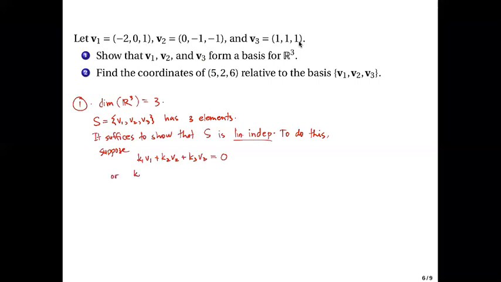Or we have K1 times vector V1, which is (-2, 0, 1), plus K2 times vector V2, which is (0, -1, -1), plus K3 times vector V3, which is (1, 1, 1), equal to the 0 vector (0, 0, 0).